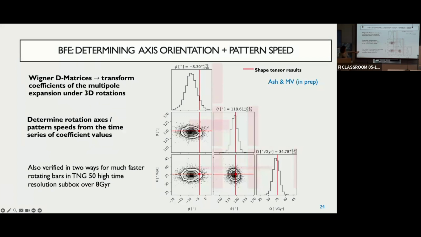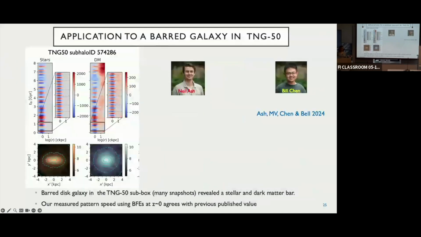And I just want to, as an aside, before I move on to other things, mention that quite coincidentally, we started looking at a barred galaxy in the TNG simulations. This was actually because Bill Chen, another grad student, wanted to play with Neil's method using basis functions. He looked at this galaxy, in the inner region, and found this. So the stars are bouncing around, the same thing, except that because stellar bars are rotating really fast, this is happening on a much faster time scale.